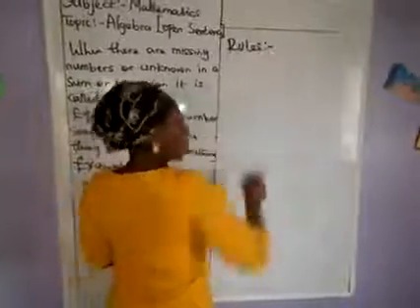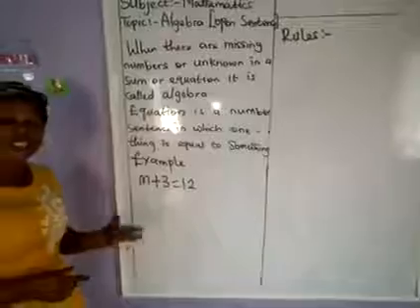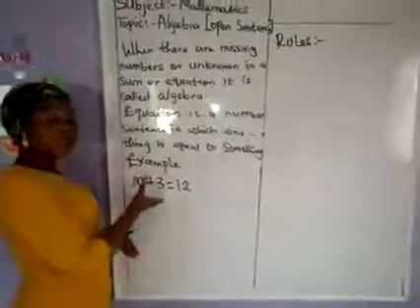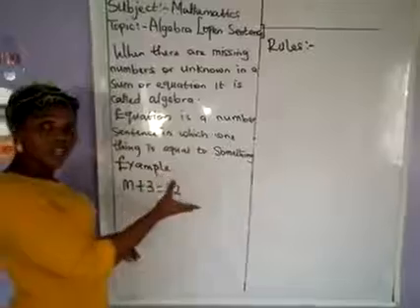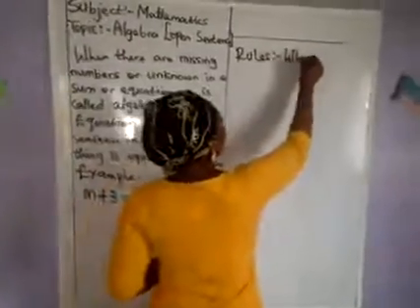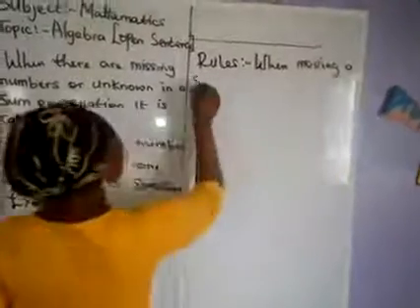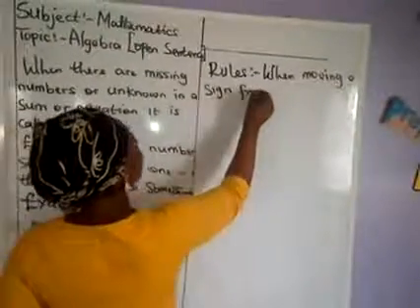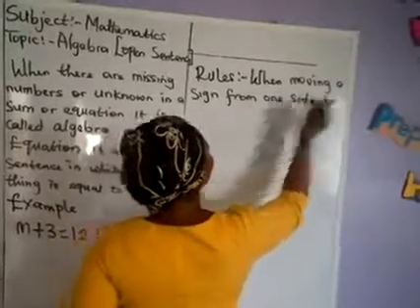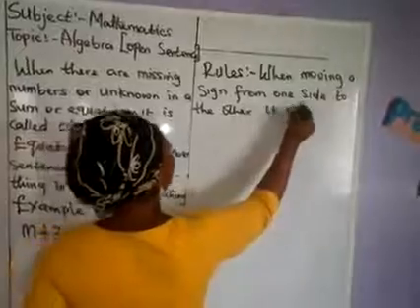Rules. When you are moving a sign from any side to the other side, the sign must change. For instance, when you are moving your plus from the right hand side to the left hand side, it must change to a negative sign, which is minus. So the rule says, when moving a sign from one side to the other, it changes.